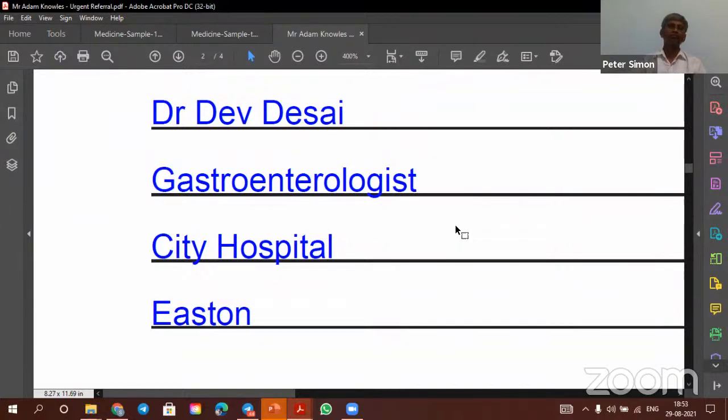Good, no problem. So Dr. Dev Desai, gastro, and see the beauty of how it looks now. All the things are in one line, the proper margin is maintained systematically, and it looks so beautiful. Always present like this.